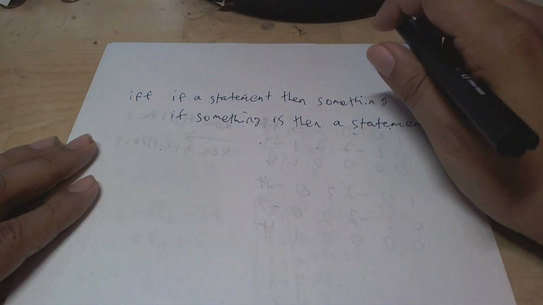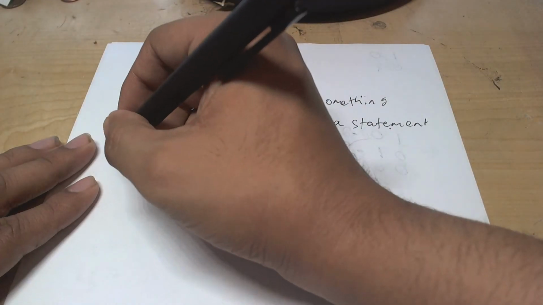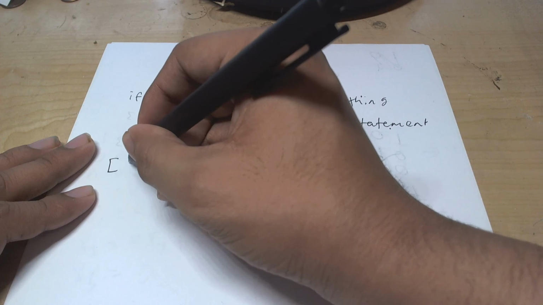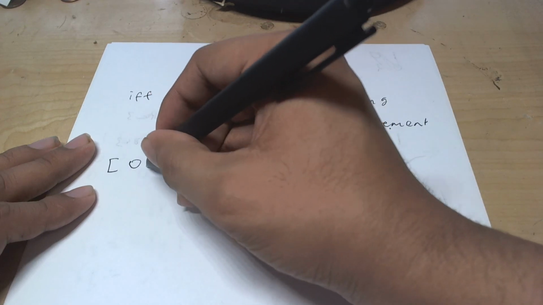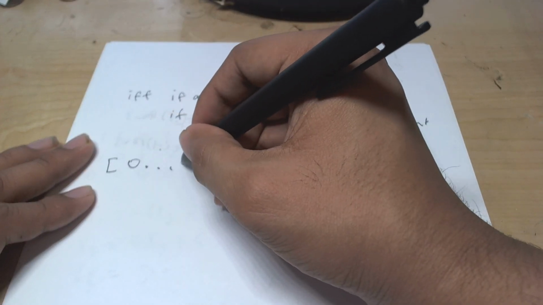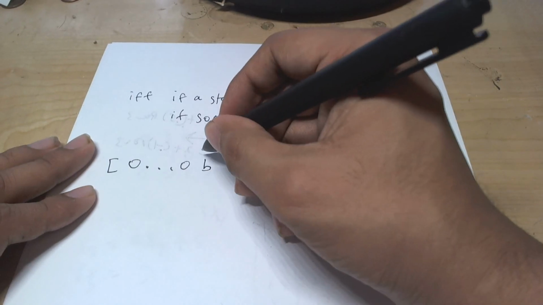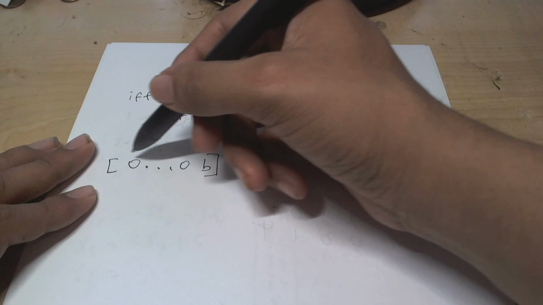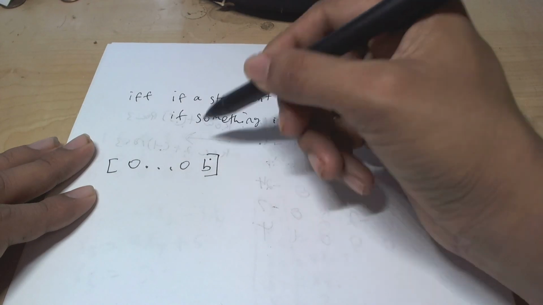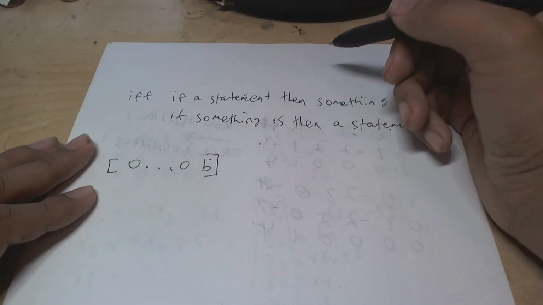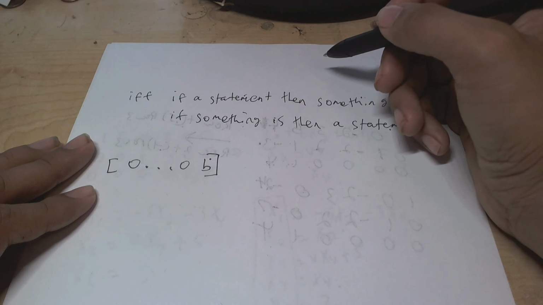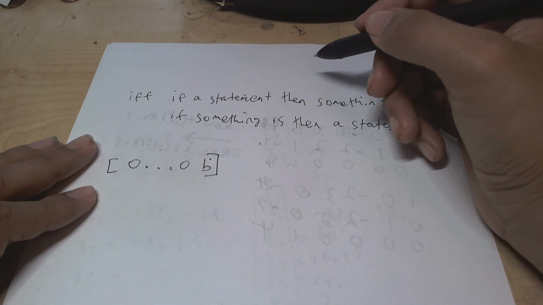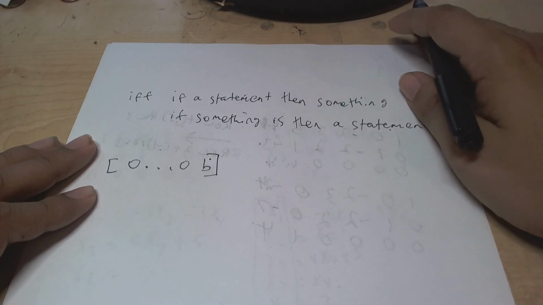So what that's saying is a linear system is consistent if you do not have something that looks like 0, 0, 0, ... 0 equal to b. And if you have this, then it's not consistent. That's all that if and only if means. I'm sorry if I dragged that out a little too long.